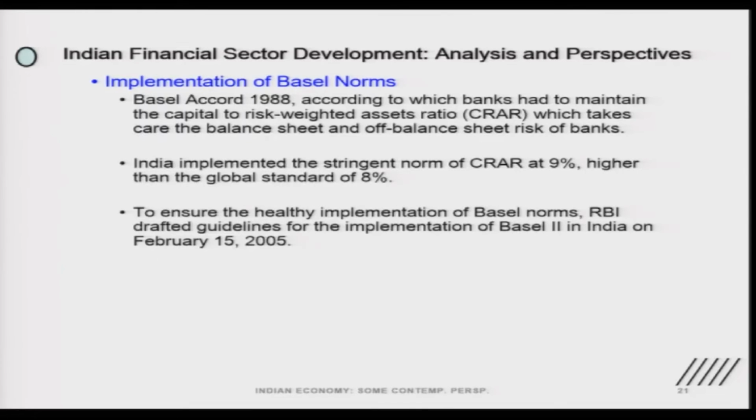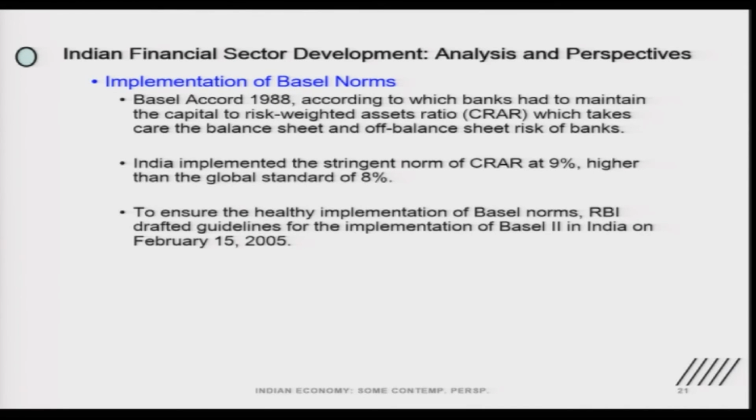In Basel I, there was a requirement of maintaining a capital to risk weighted asset ratio. Risk weighted asset means that loans or debt which have collateral will have much lower risk compared to non-collateral loans, and that's why it became really important.